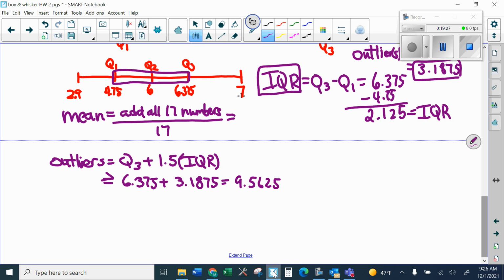So none that way. And the other one is less than or equal to Q1 minus that 1.5 times the IQR.